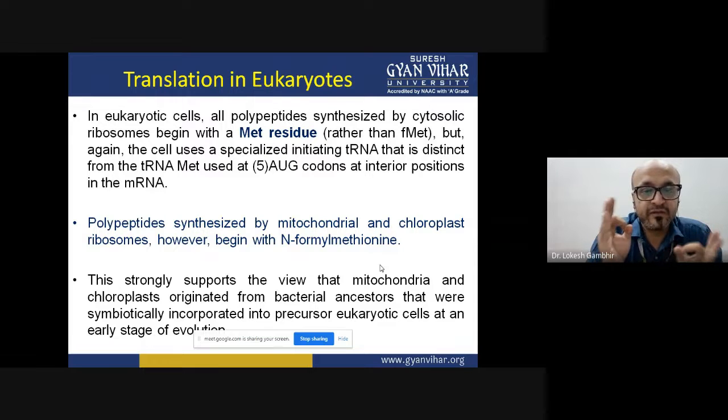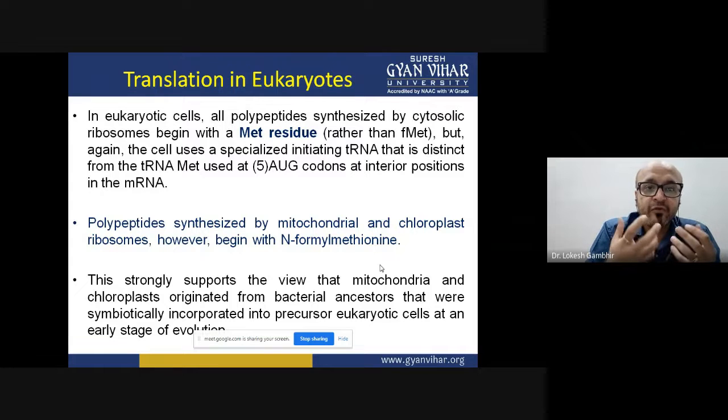That is the first distinguishable feature between prokaryote and eukaryote. Yes, the first codon will always be AUG. It will be coding for methionine, but it will never code for formylated methionine. But then again, our eukaryotic cells, like plant cells, have chloroplasts and mitochondria, and animal cells have mitochondria. These organelles have extrachromosomal DNA, right?